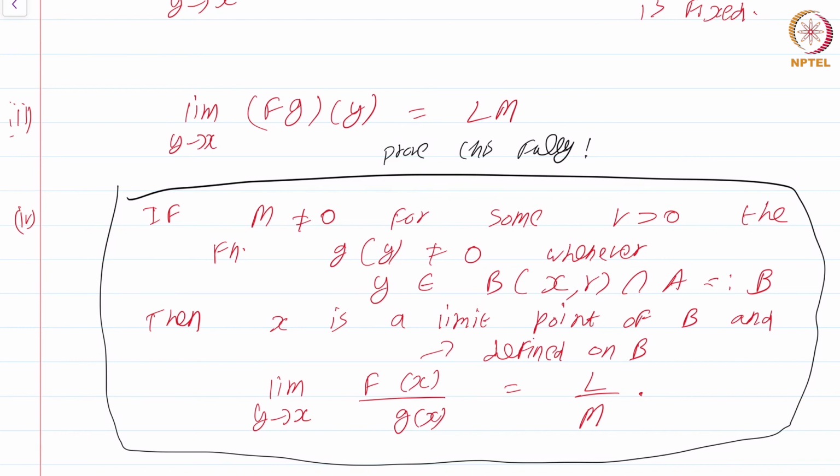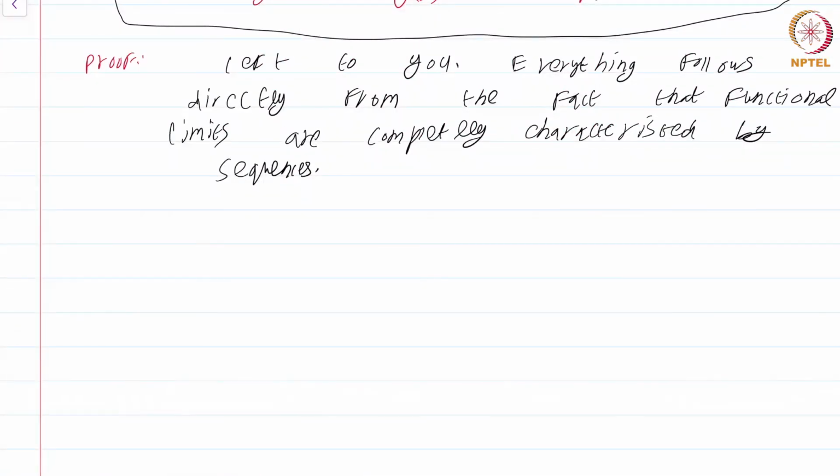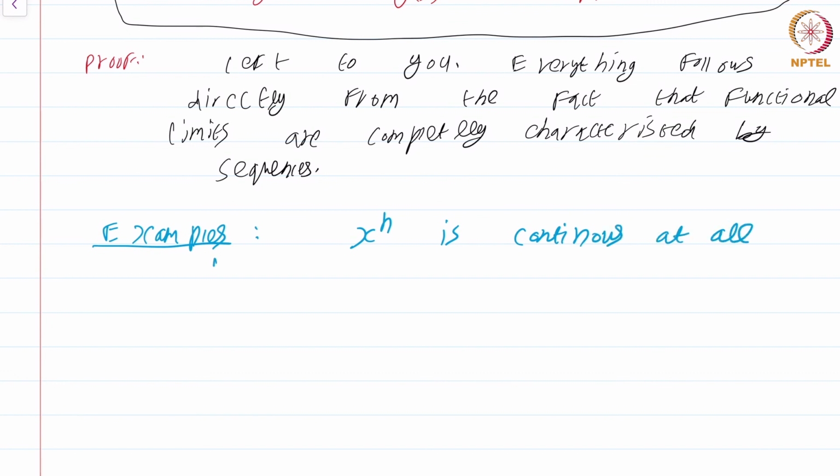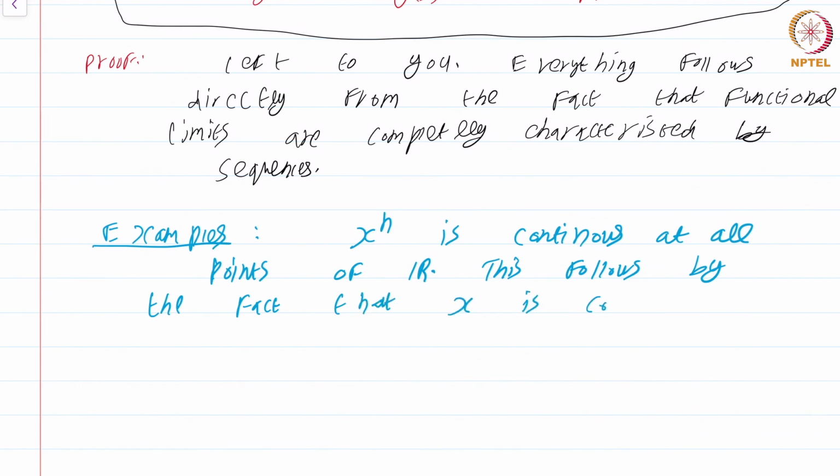Now immediately we get nice consequences. Examples. x to the n is continuous at all points of R. This follows by the fact that x is continuous and number three of the previous theorem, right?